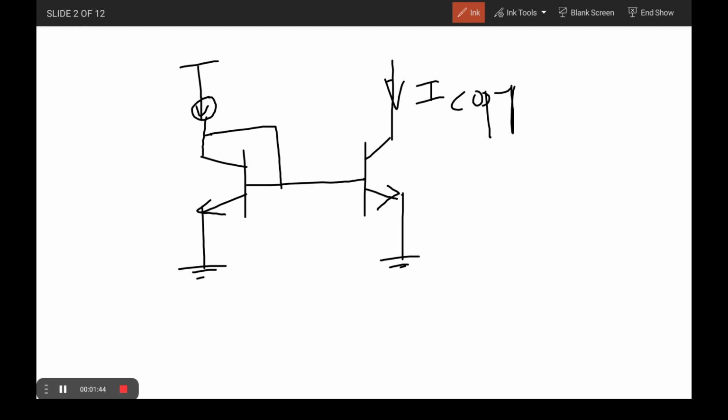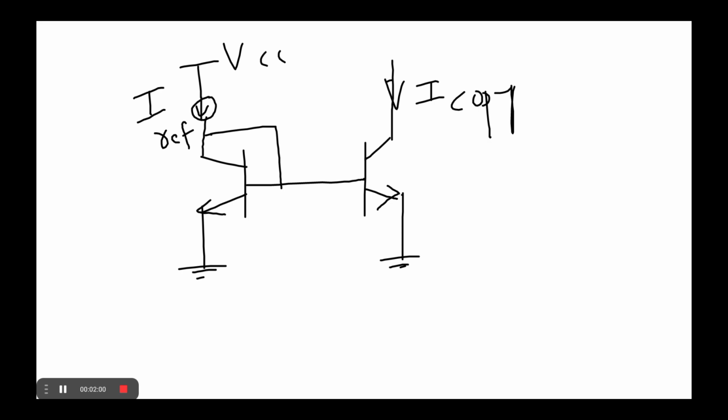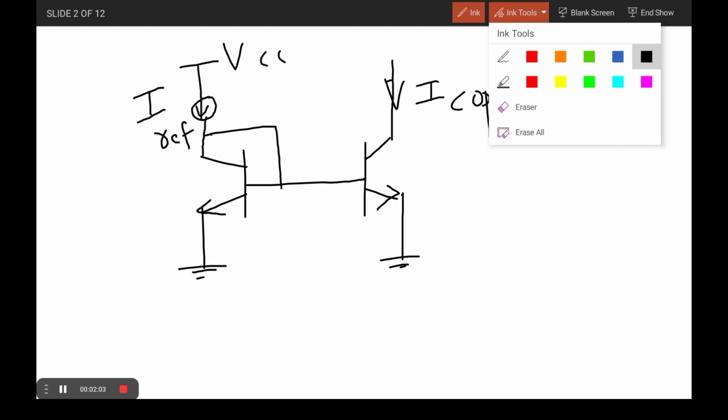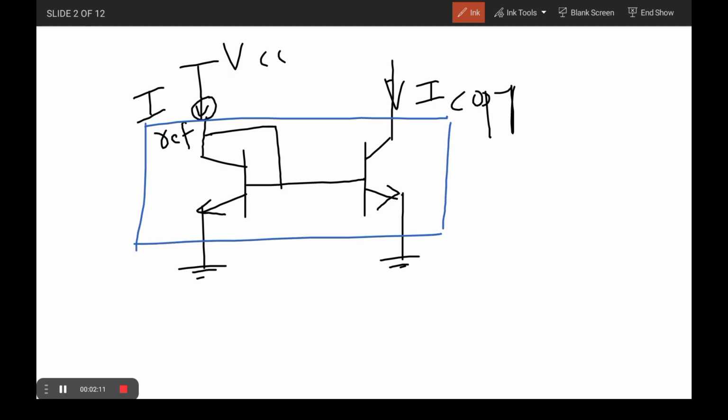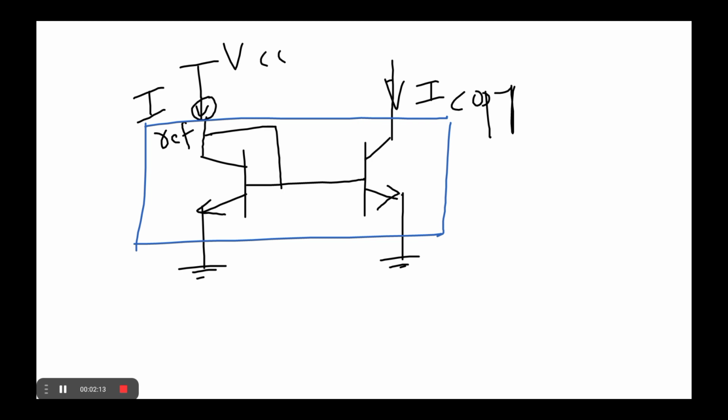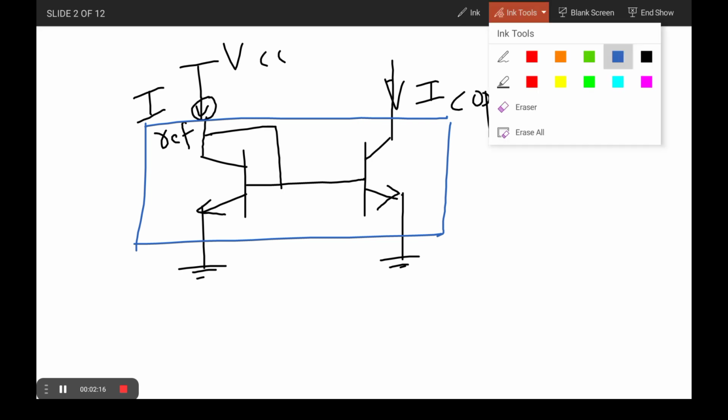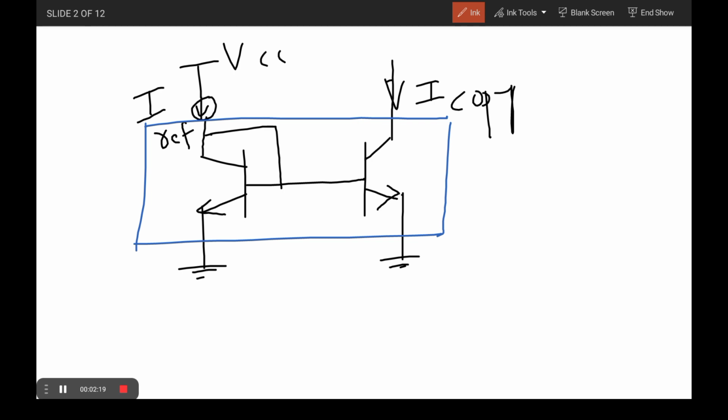It is also connected to some VCC. This current is generally called the I reference. This circuit is generally called a current mirror circuit.